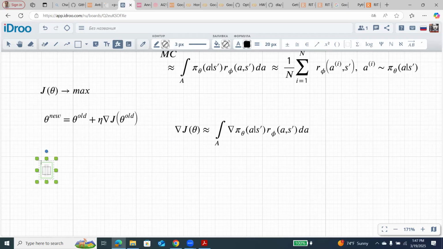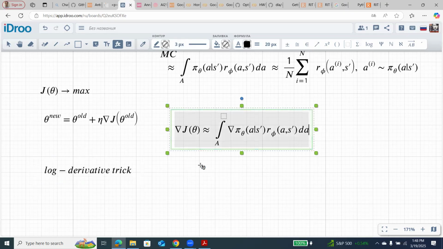The gradient of the log of pi will be 1 over pi times the gradient of pi. So we will substitute the gradient of pi as pi times the gradient of the log. So we will use the log derivative trick.